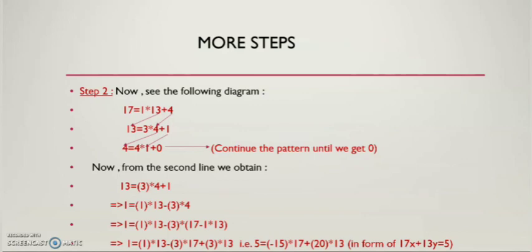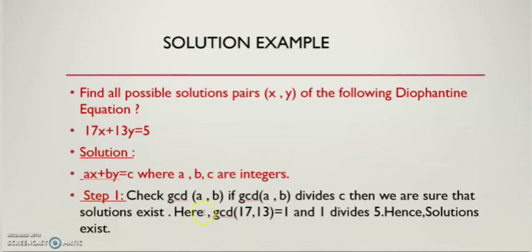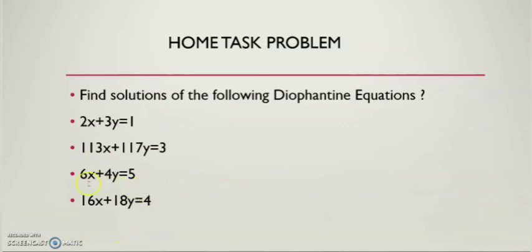Come to this slide. In step 1, what I have mentioned is that at first I have to check the GCD of A, B, that means the coefficients of x and y. If the GCD divides C, we are sure that the solution exists. If not, then there does not exist any solution. And in this question, the GCD of 6 and 4 is 2, which does not divide 5.